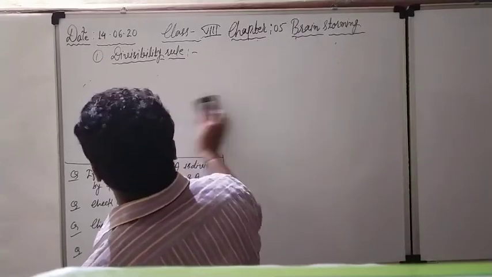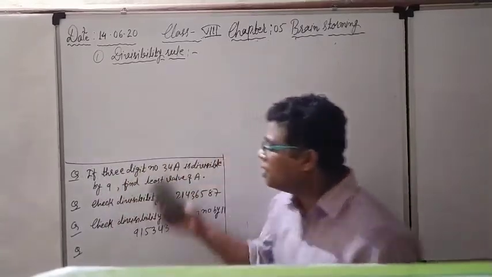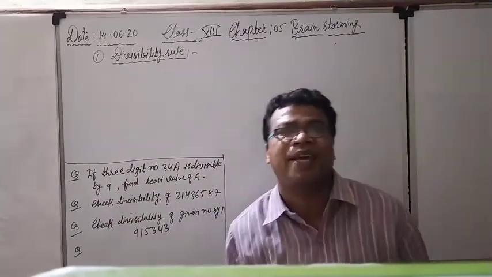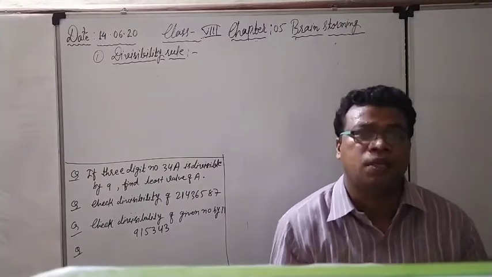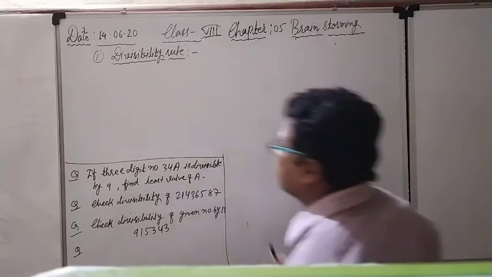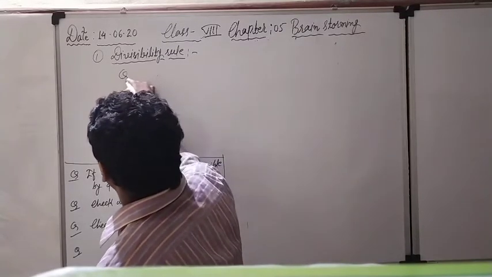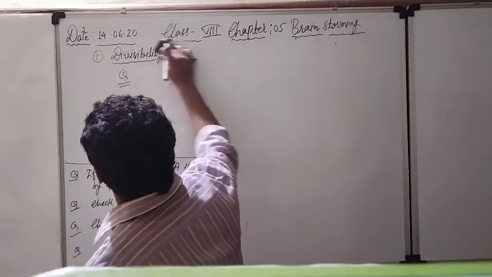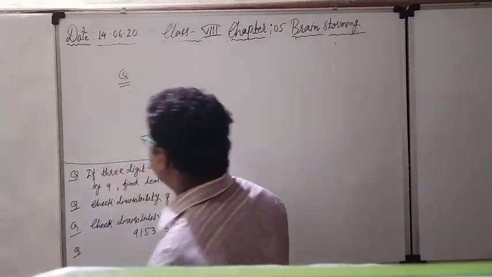Right now, some questions have been written here, and these are the questions given in the exercise. One by one we have to see. Look here, question first. What is the first question?